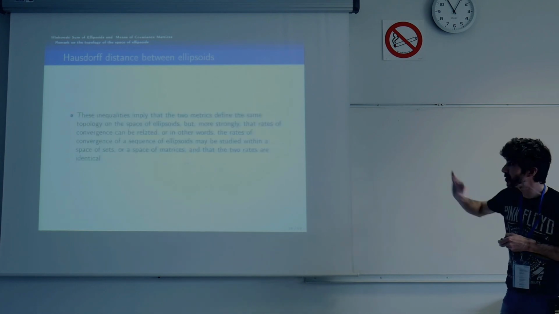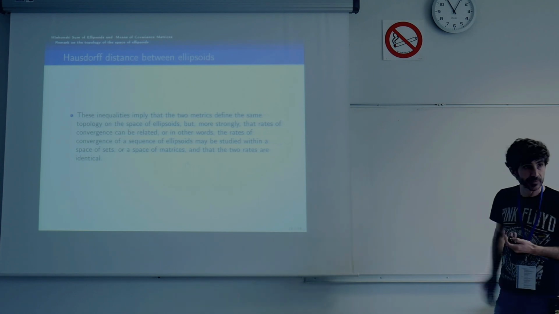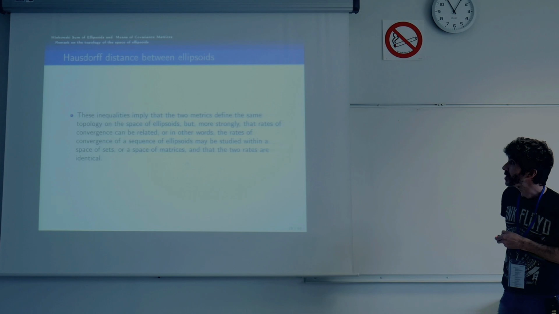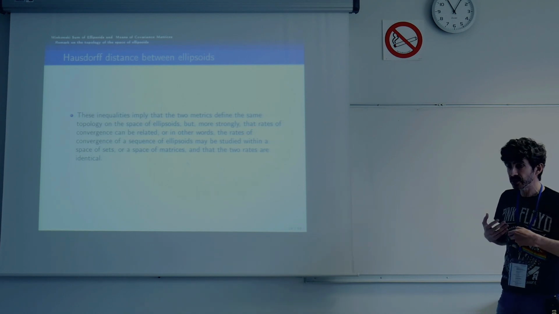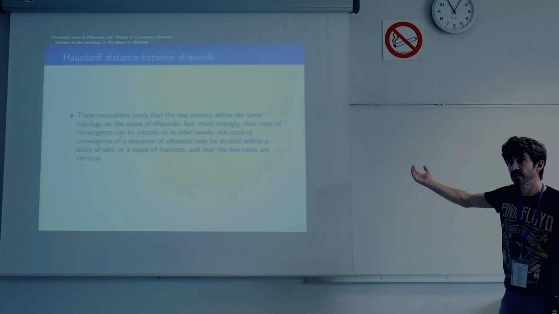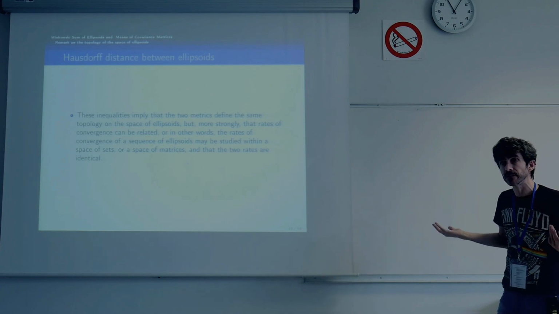So what can be the conclusion of this theorem? And this is the rationale behind the rest of my talk, a kind of theoretical ground for the rest of the talk. That means that considering the ellipsoids either from the set viewpoint using the Hausdorff distance, or from the matrix viewpoint, the space of matrices, using the spectral distance, you have the same topology.